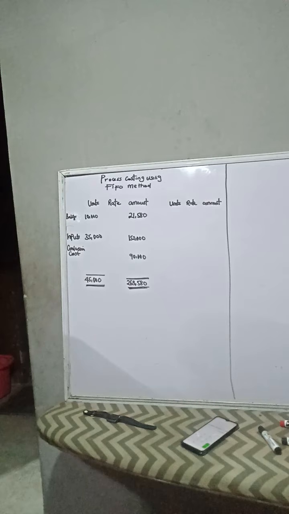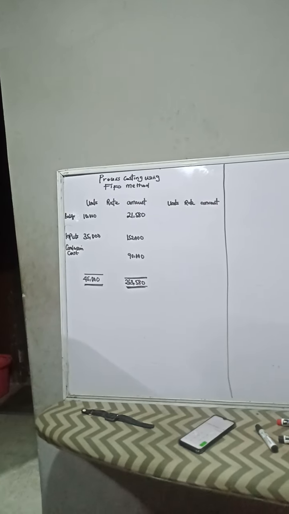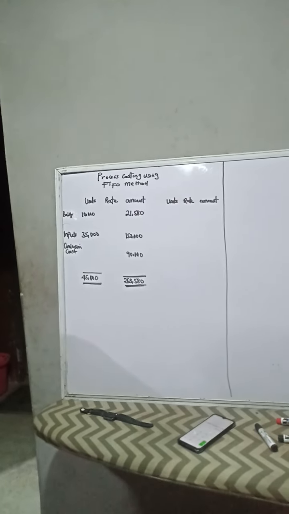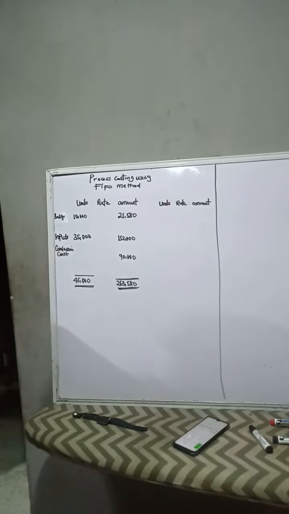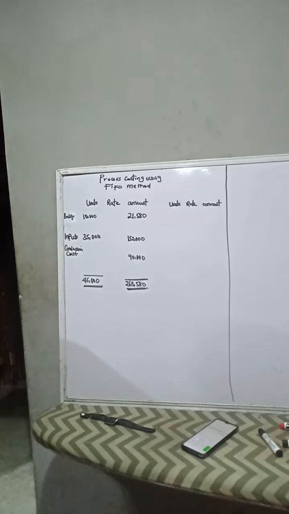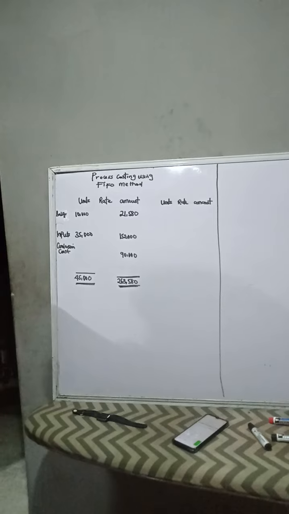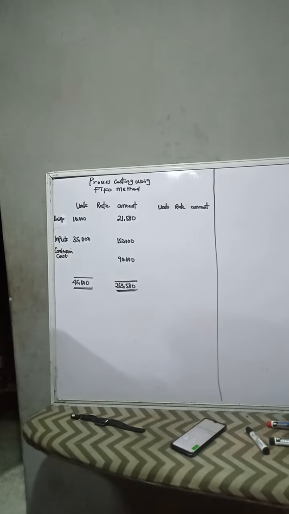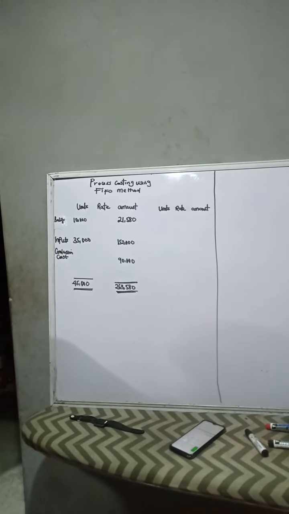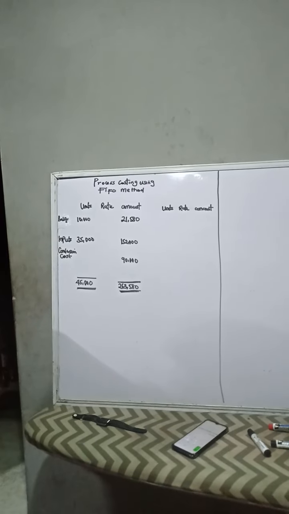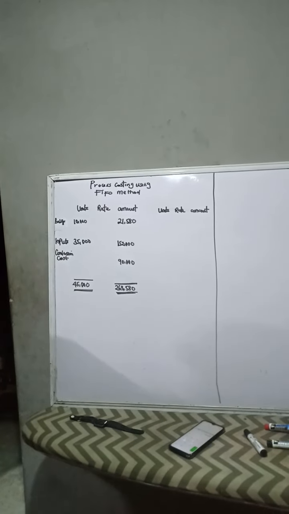If you want to solve by the FIFO method, the examiner will give you the requirements. Number one, the opening WIP must be given. Number two, the cost of the opening WIP will also be given. Number three, the level or degree of completion must be given before you can solve by the FIFO method.